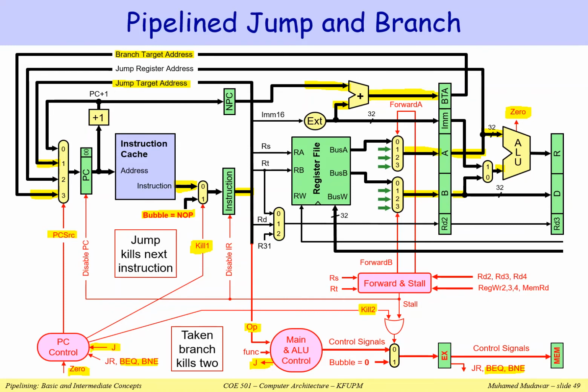The branch is now in the execute stage. The next one will be in the second stage of the pipeline, so it's being killed. And the second next is also being killed. It is at the output of the instruction cache. So we are killing two instructions, not just one. Here we are injecting a bubble into the instruction register.